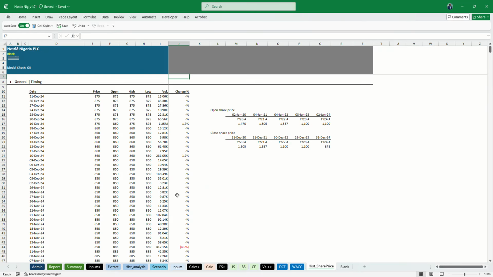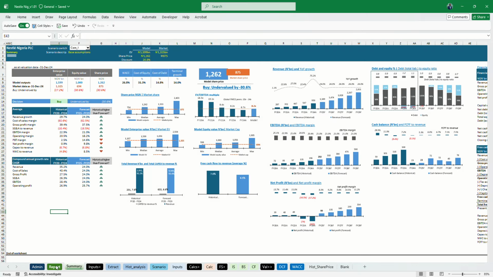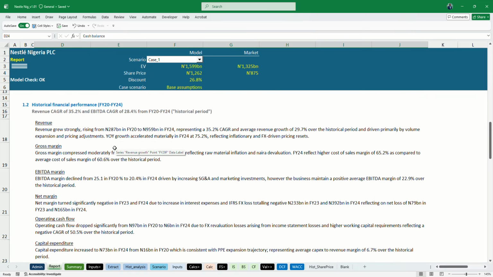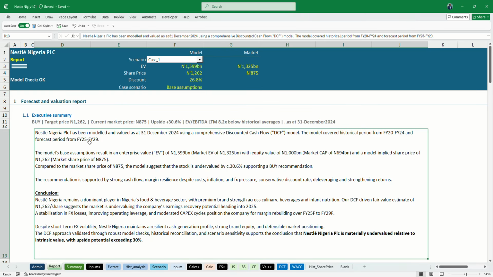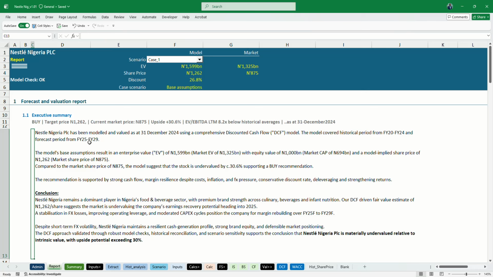Okay, so here we have the historical share price, what that looks like, and we just put that for our summary view. So here on the report, it's easy for us to read through what's happening to the firm. As I said, Copilot was also used to create this report.